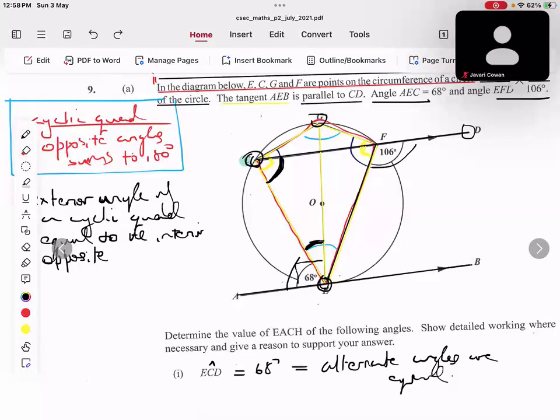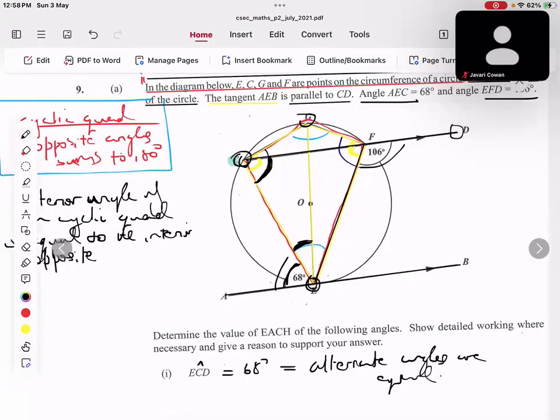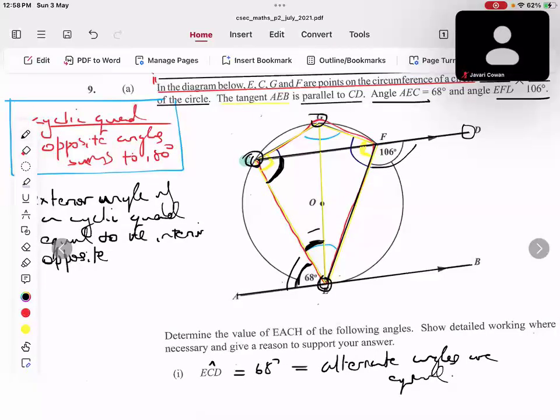So when a diameter meets a tangent, the angle formed down here is 90. And out of the 90, you can clearly see that you have 68. The two of them come together and make the 90. So out of the 90, you have 68.